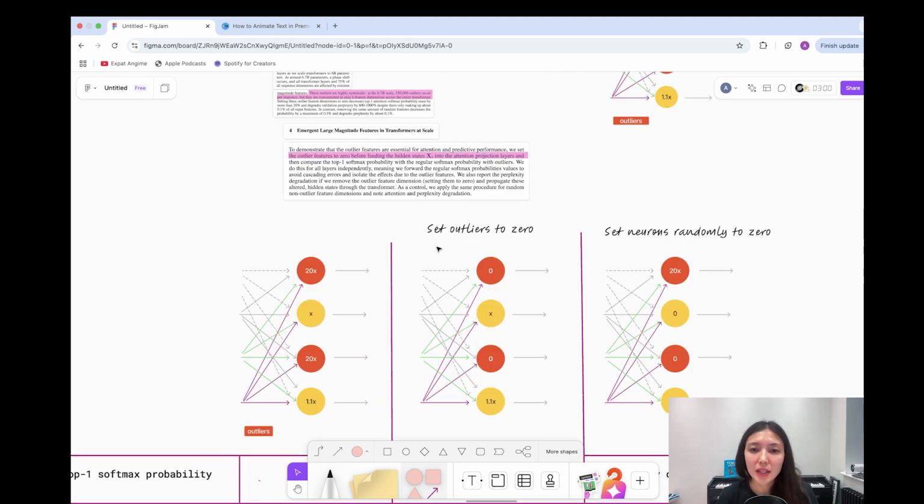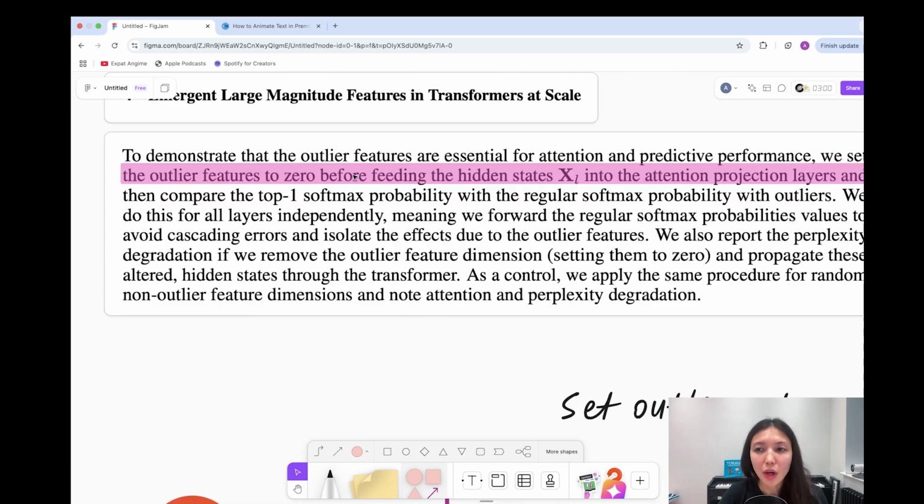To understand the importance of these features, researchers created an experiment where they first created an alternative version of the model where they set outliers to 0 in a hidden state that goes to the attention layer. They also say we do this for all layers independently, meaning we forward the regular softmax probabilities values to avoid cascading errors and isolate the effects due to the outlier features.